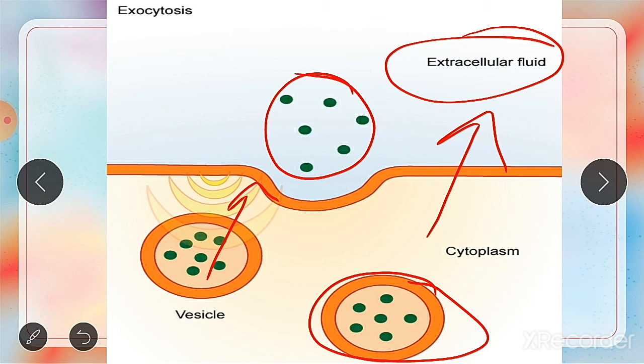It is also called cell vomiting. Exocytosis occurs for many purposes, like removing undigested material, removing toxins and waste products like carbon dioxide and water, releasing secretions like hormones, enzymes and neurotransmitters, and cellular membrane growth and repair.